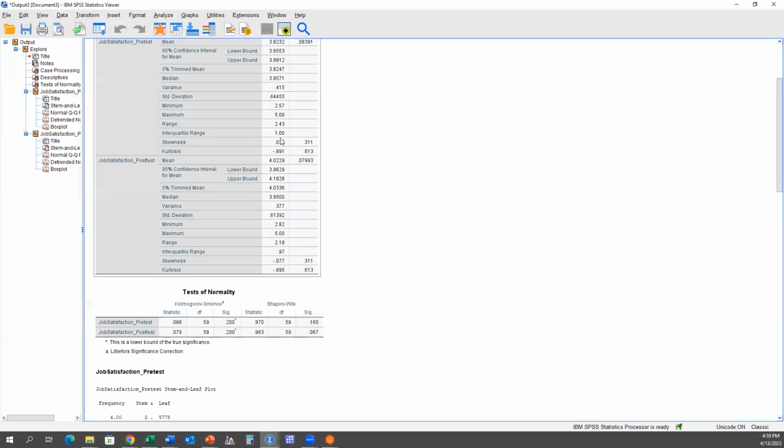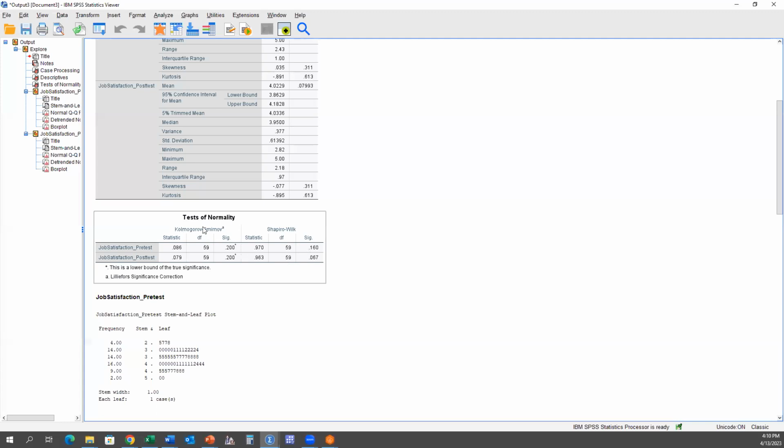So what you're looking for is this box right here, Tests of Normality. And this presents two different tests. We have the Kolmogorov-Smirnov test and we have the Shapiro-Wilk test. Now for these analyses, significance is not ideal. You want a p-value greater than 0.05 for these tests, ideally.